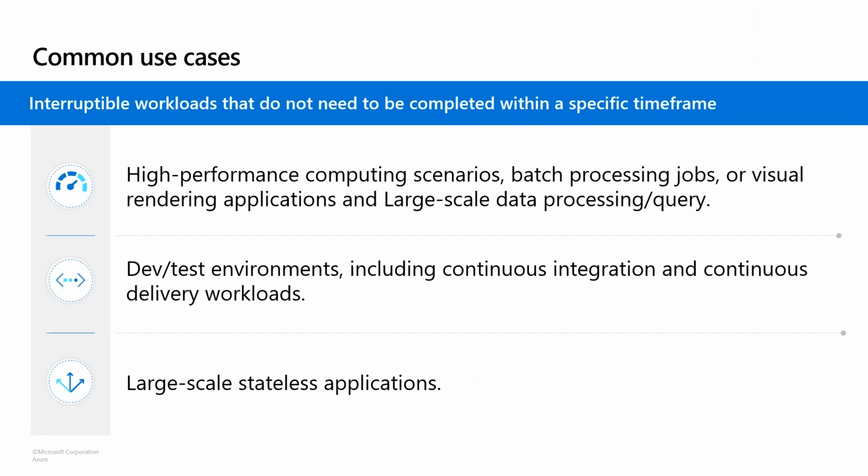We've also seen customers take advantage of Spot VMs in dev test and CI/CD, where you have a short test case that you want to run, and you can use Spot VMs to run that, and it also scales. The other interesting one is large-scale stateless services.